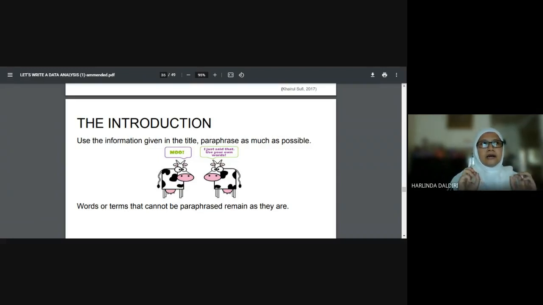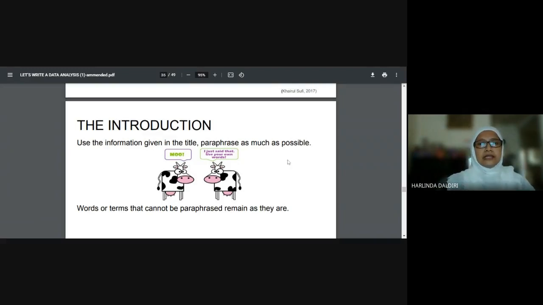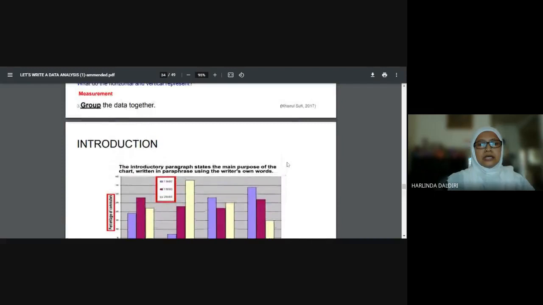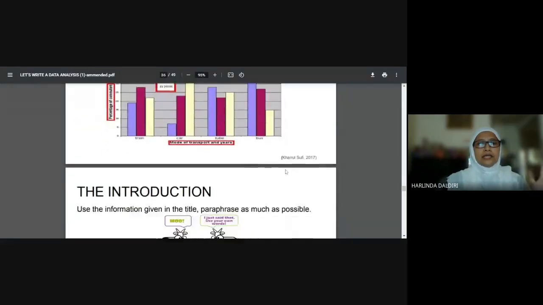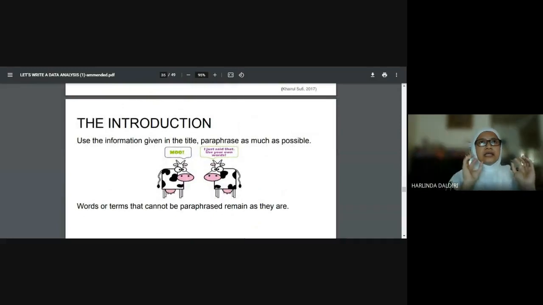Because when you start writing the introduction, this is where you give a good impression to the examiner that you don't copy word by word from the title given. It is very easy to just copy the title, for example, the chart or the bar depicts blah blah blah.